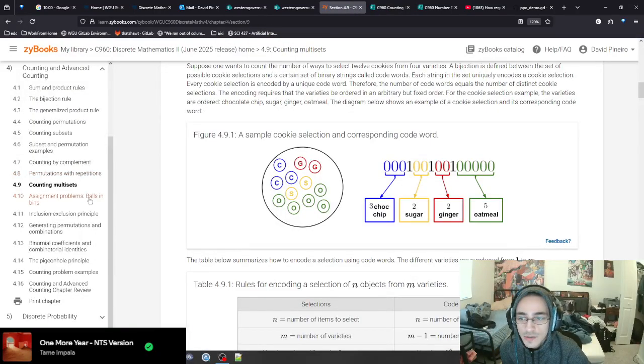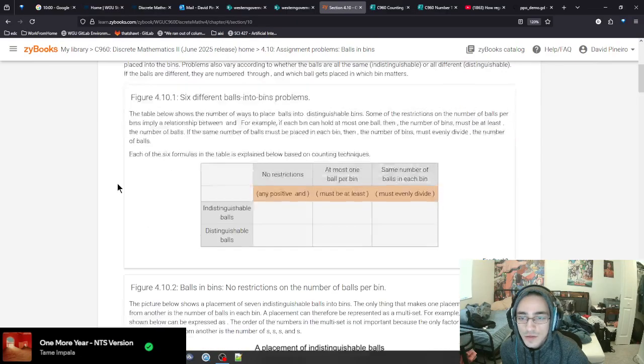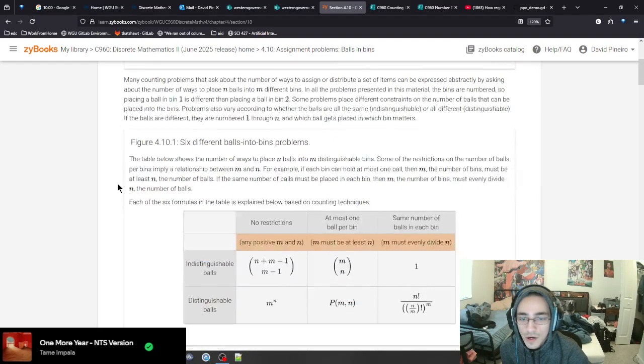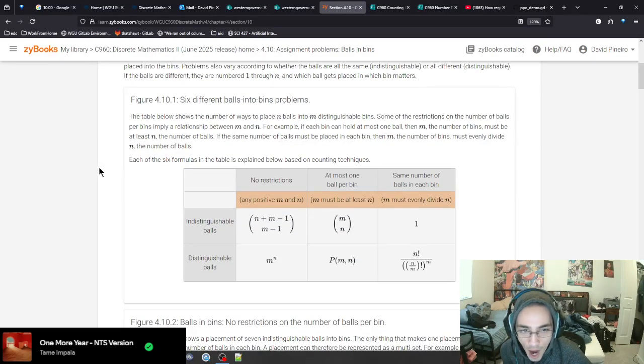Okay, I need to check this. Oh. Okay. At most 1 ball per bin, no. So this does not have the restriction.